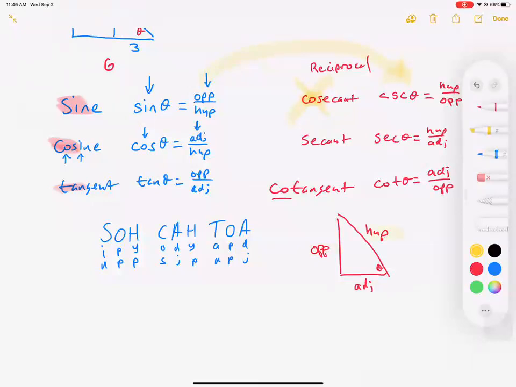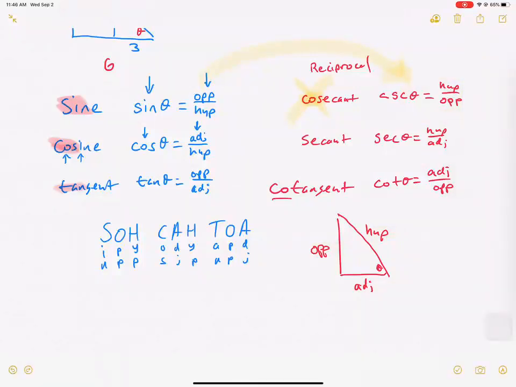If I pick hypotenuse over opposite, that is cosecant. If I pick at random adjacent over hypotenuse, hey, that's cosine. So we have a name for every possibility given our 3 sides. In Algebra 2, you learn about permutations and combinations. This essentially is a combination. 3 times 2 times 1 gives us our 6 possibilities.